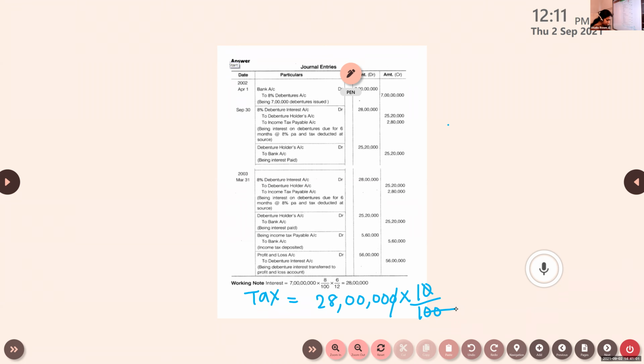Now if this is over, open the textbook, take the next topic, writing off discount or loss on issue of debentures. The loss on issue of debentures.